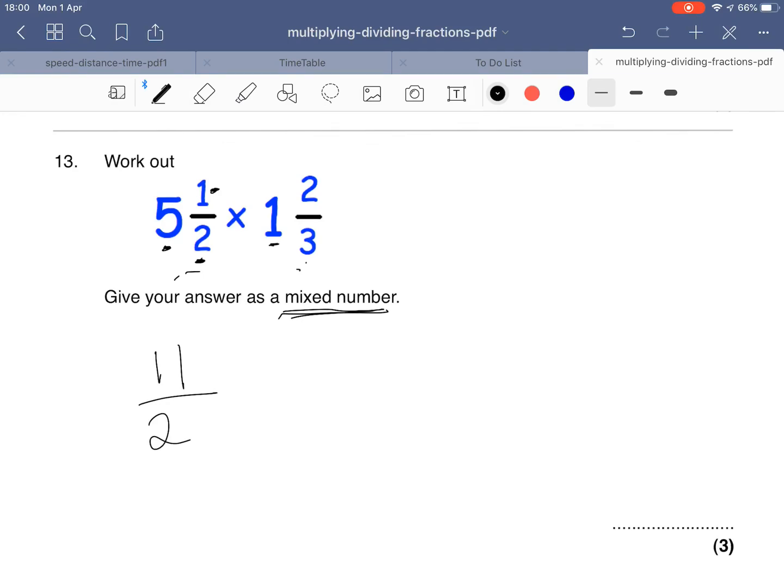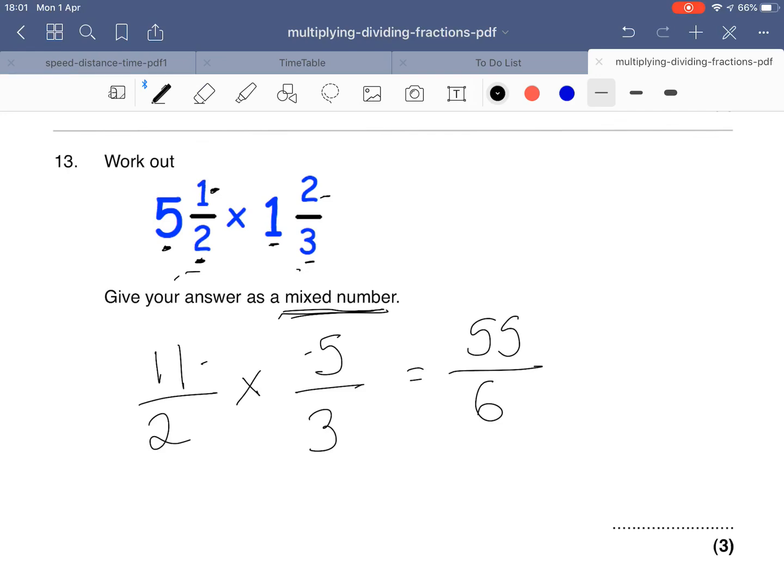This one I've got 1 lot of the 3, which is 3. Add my remainder 2, which is 5 out of the 3, and then I can times them like they've asked me to. So 11 times 5 is 55, and 2 times 3 is 6. So I've got 55 over 6.